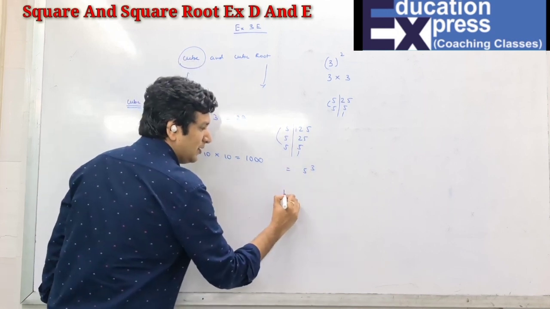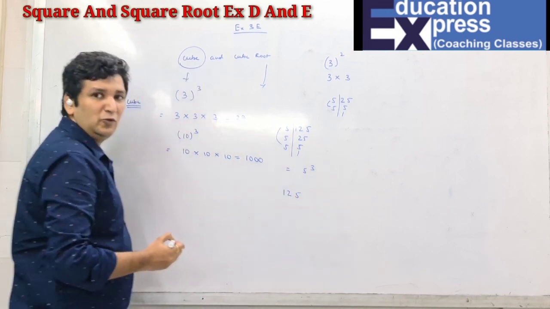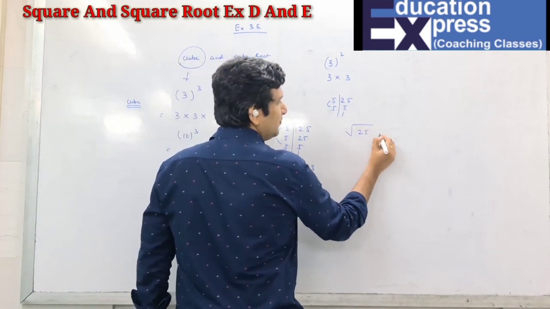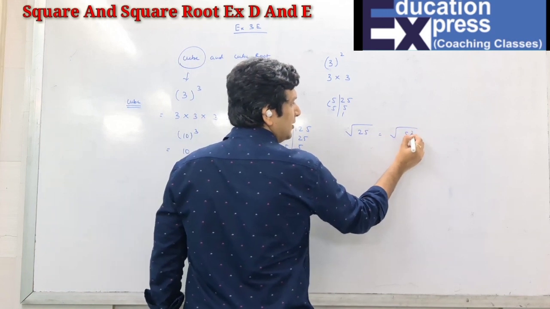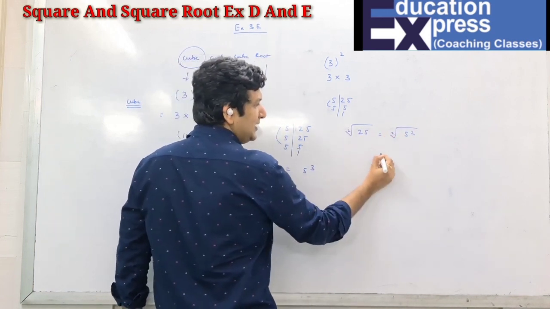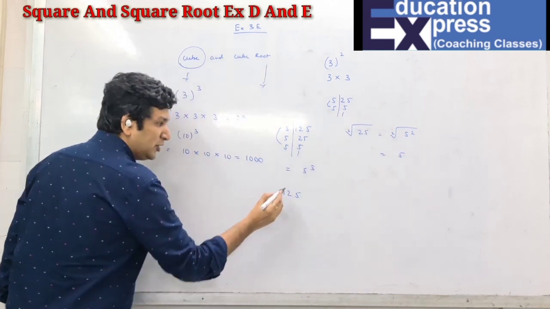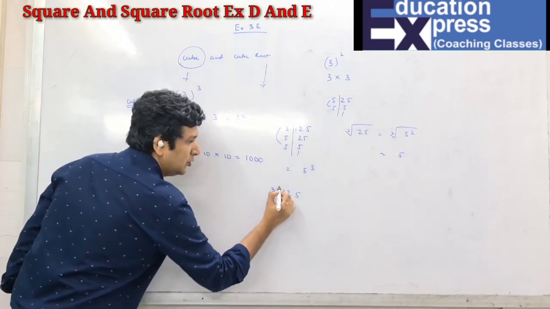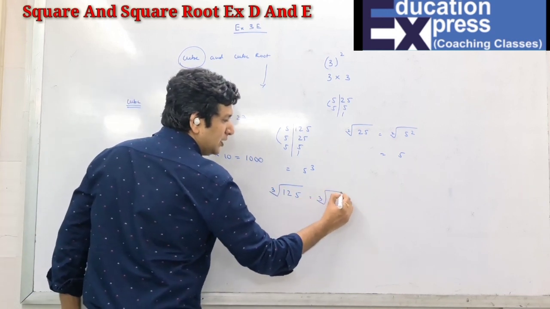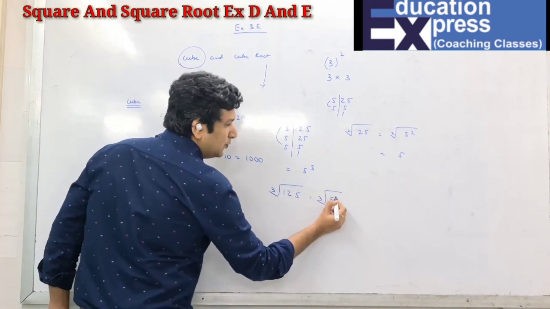How to present the sum for square root? We should do square root of 25 is square root of 5 square. We never used to mention anything because when nothing is written, it's understood as 2, and hence the answer is 5. But for cube root, you have to mention cube root of 125 is cube root of 5 cube.